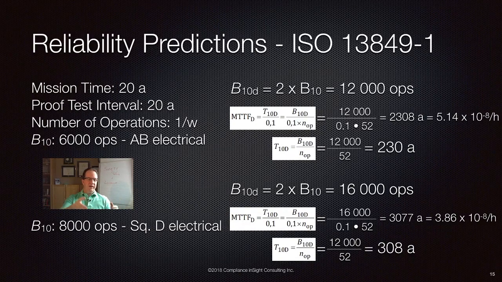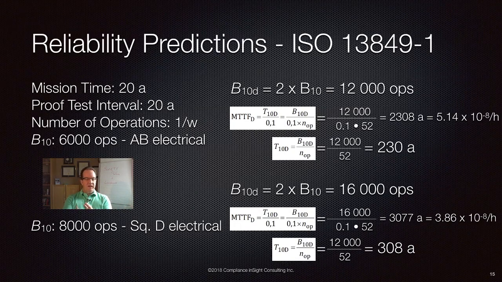So for instance, if we did the calculation on the Rockwell switch and we discovered that its T10D was, let's say, 15.3 years, what that would tell us is that on our PM schedule, we need to have replaced the main disconnect at 15 years. And we would have to do that if we wanted to keep the operational reliability of the system. So when we come to shutdown in the summer, thing one that we would do in year 15 would be to rip the disconnect out and put a new one in. Okay, so that's where T10D comes in.